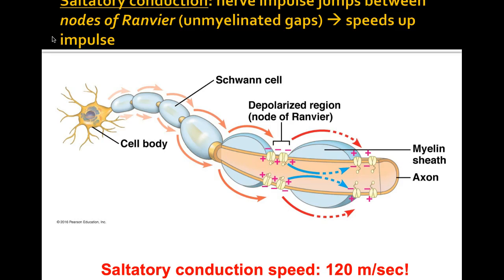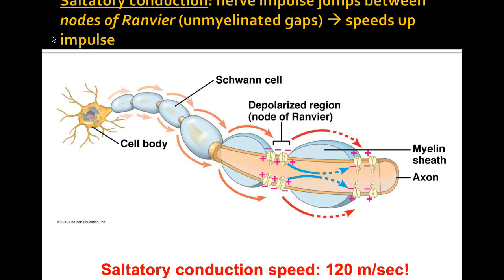Now, what is saltatory conduction? This is where there are little breaks in between the insulation. The little breaks are called nodes of Ranvier. These do not have any of the lipid cells, do not have any of that myelin. It's like a naked axon.